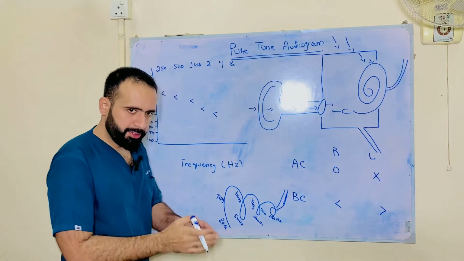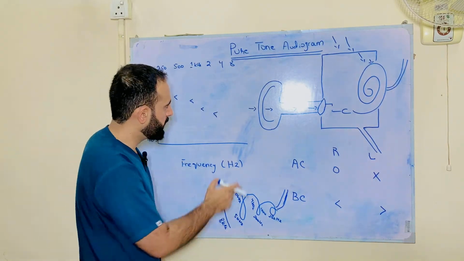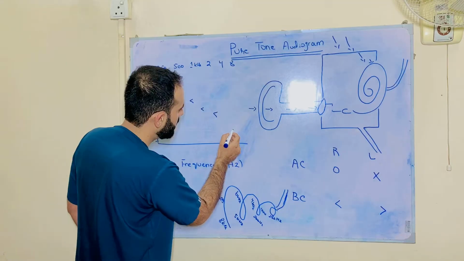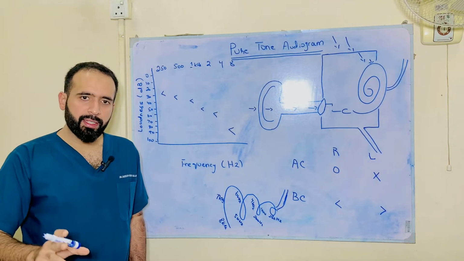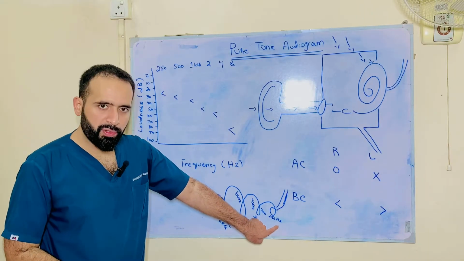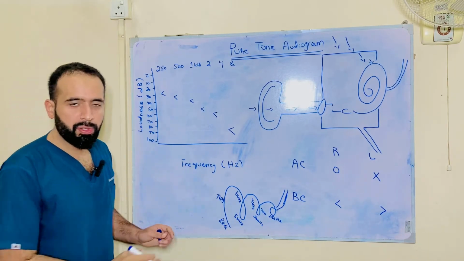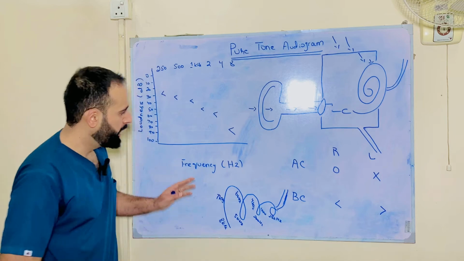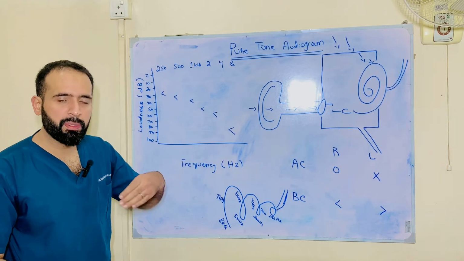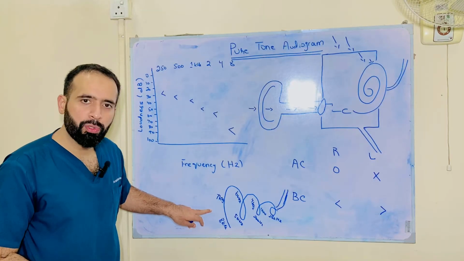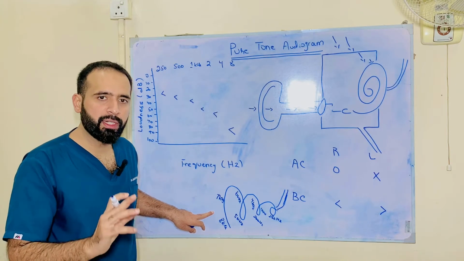So as I reach the complete base of the cochlea, which is 8000 hertz, maybe the patient hears 8000 hertz at 90 decibels. So if you look at the graph, the lower frequencies are going to be spared because they are farther away from the base, whereas for the higher frequencies, you need to increase the loudness for the patient to be able to hear the sound because those frequencies have been involved.